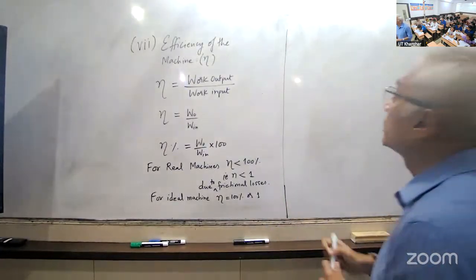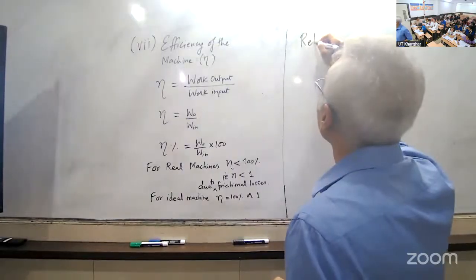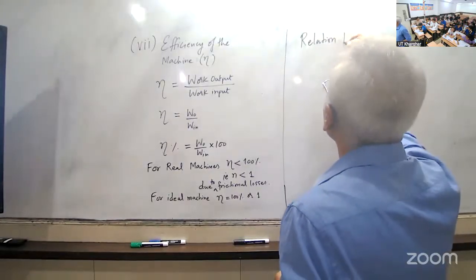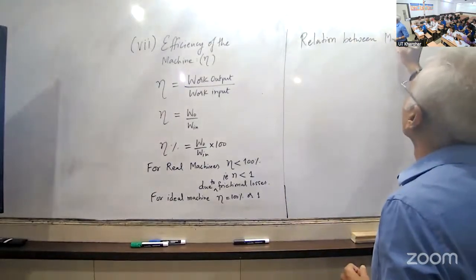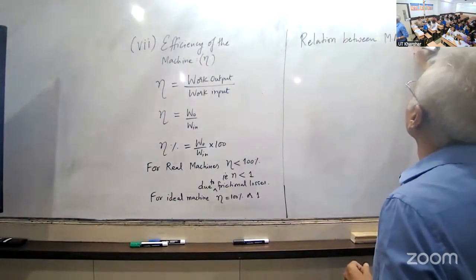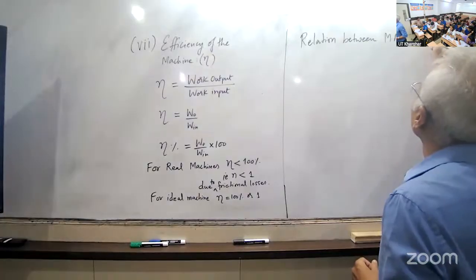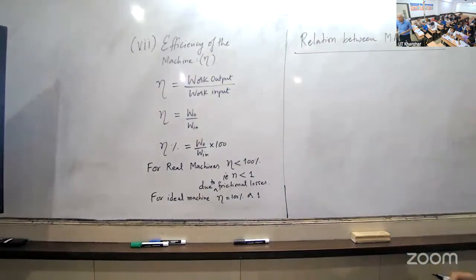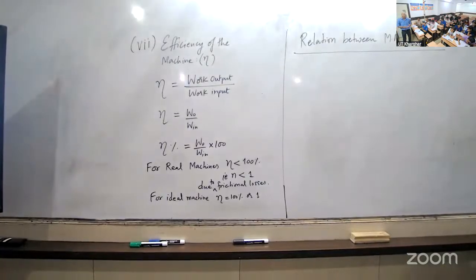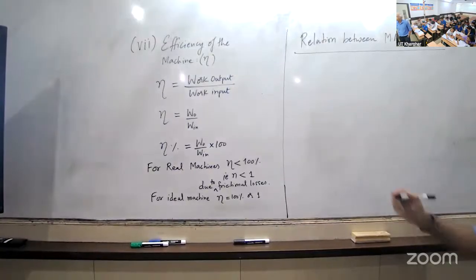Next, I have to write the relation between MA, VR, and efficiency. So let's now see what is the relation between mechanical advantage, velocity ratio, and efficiency.